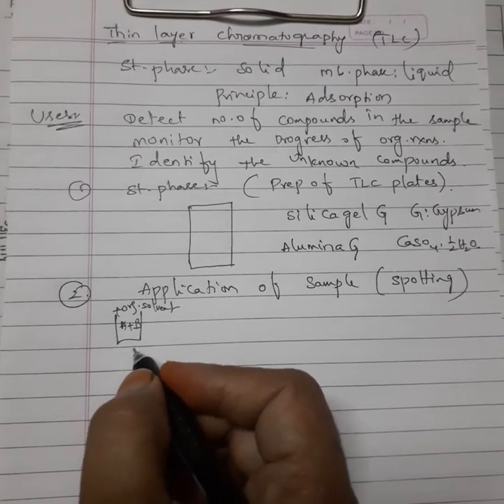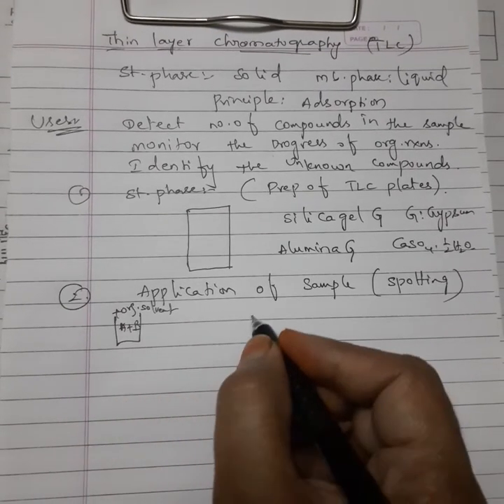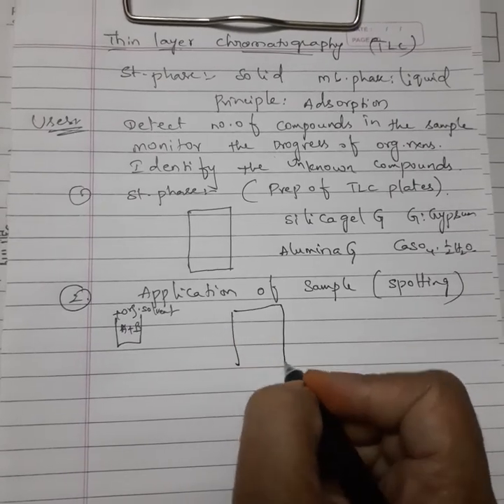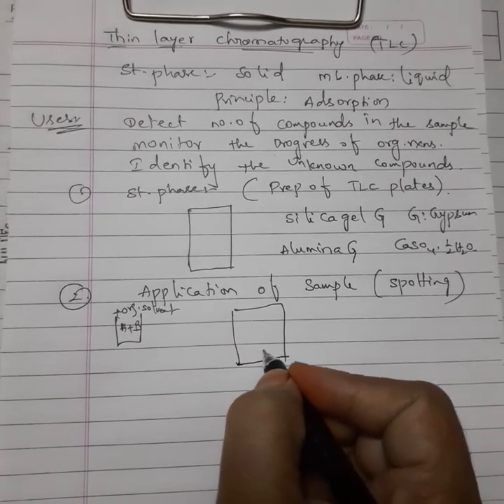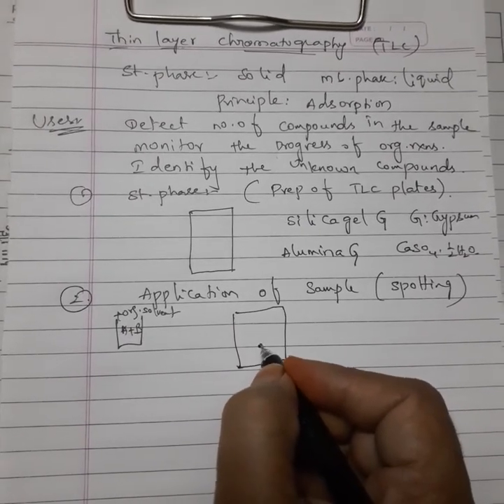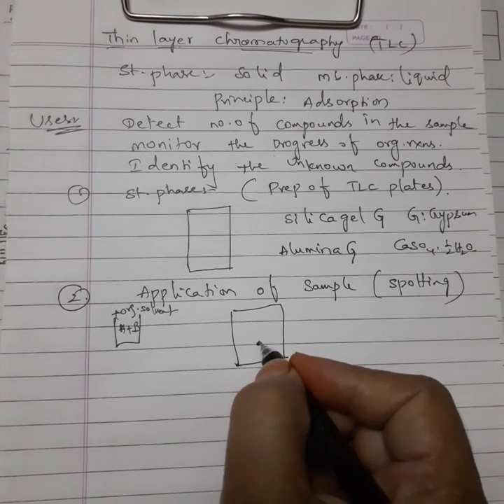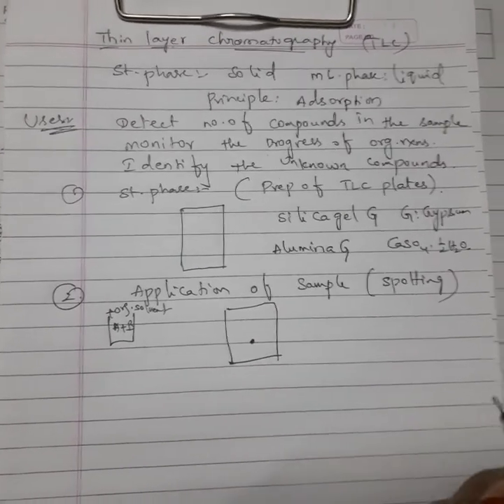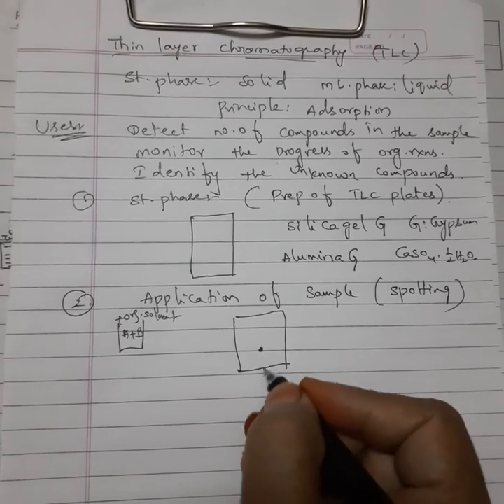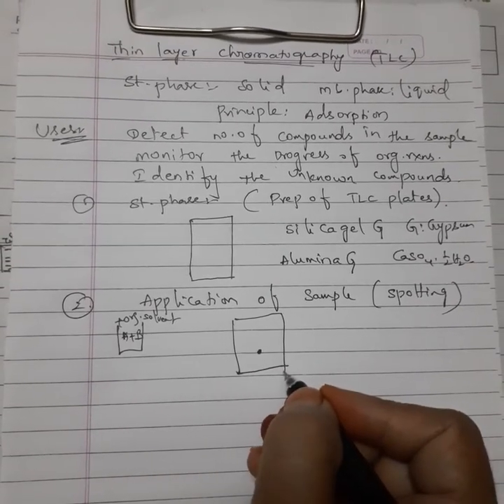Take a micropipette and just place a small drop. Take a small drop, just put that drop just 1 centimeter above this slide.